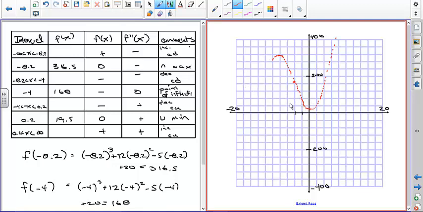So this is 2, 4, 6, 8, 10, 12, 12.5 something. So you can get that extra point, and it gives you an idea of how quickly this thing is dropping off as far as the value.